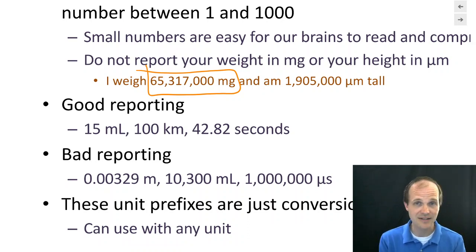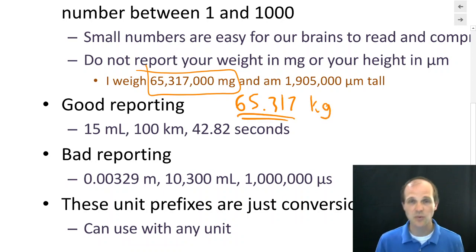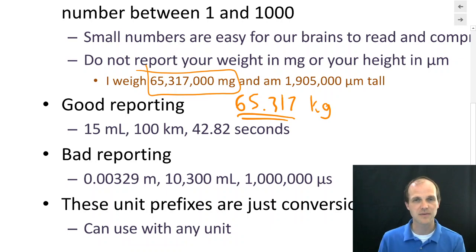It's correct. It's not a wrong way of measuring. It's just not a useful way of measuring, and these prefixes are designed to be useful. So even better, we'd report ourselves as 65.317 kilograms. Now we've got a number between 1 and 1,000. We can kind of picture 65 in our head, and then if we know what a kilogram is, we just say, oh, we've got 65 of those.